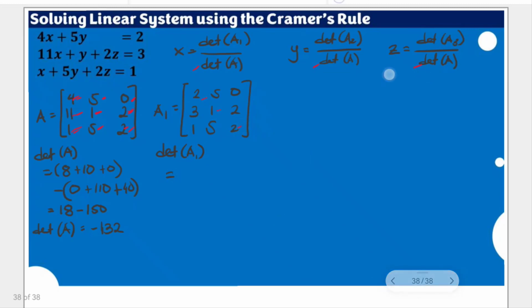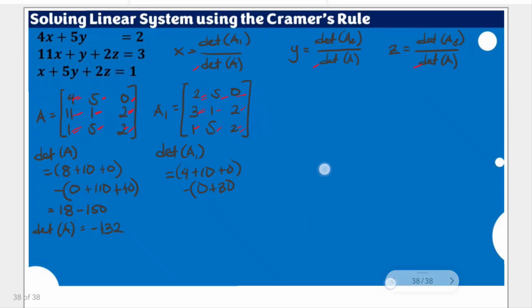2 times 1 times 2, you will have 4. Next, 5 times 2 times 1, you will have plus 10. Then 0 times 3 times 5, that's plus 0. Minus the next diagonal, 0 times 1 times 1, 0. Next, 3 times 5 times 2, that's 15 times 2 is 30.